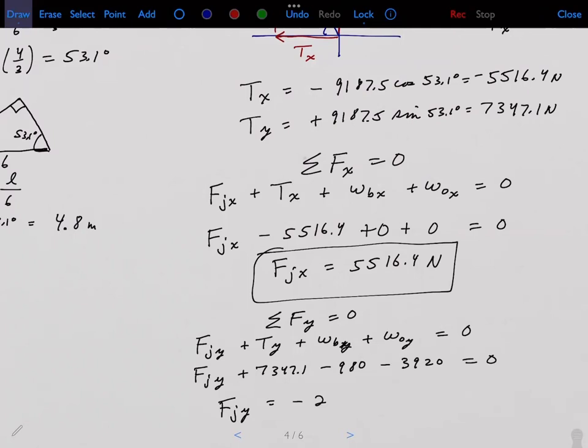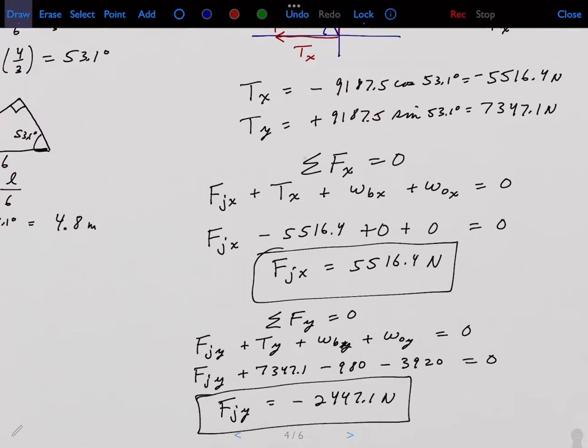Wait, let me double check this. So 980 plus 3920 minus 7347.1. Yeah, negative 2447.1 newtons.